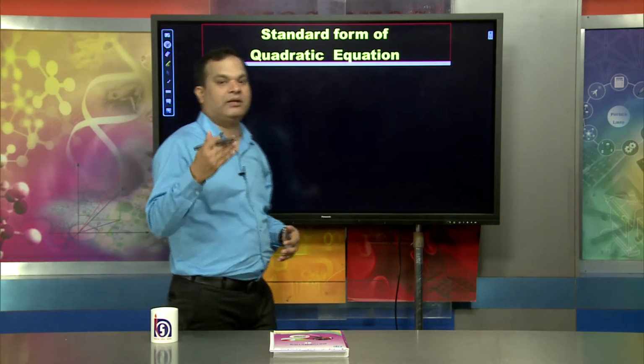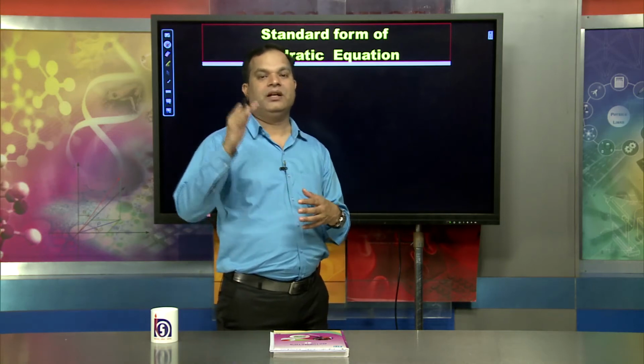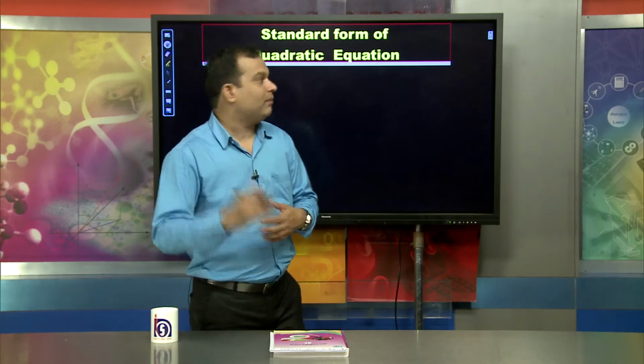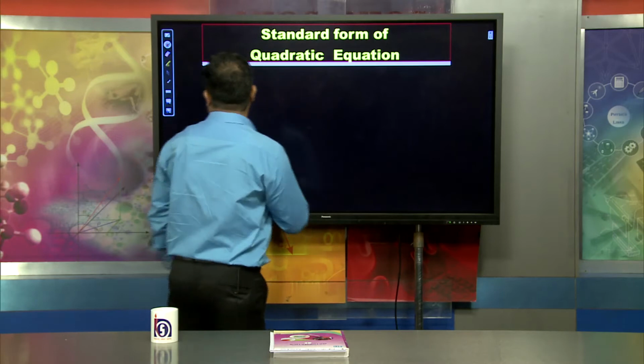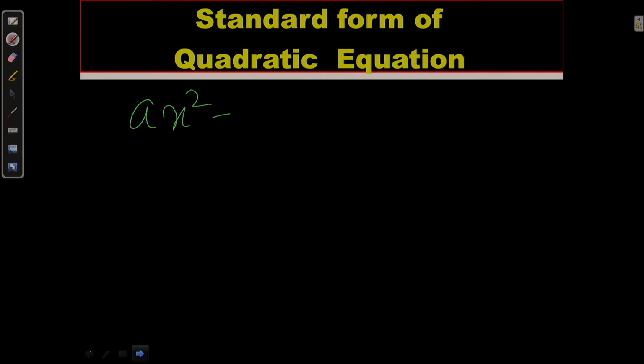At the beginning, we discussed the linear equation, which had a standard format, that is ax plus b equal to 0, where a not equal to 0. The standard form of a quadratic equation is ax square plus bx plus c equal to 0.